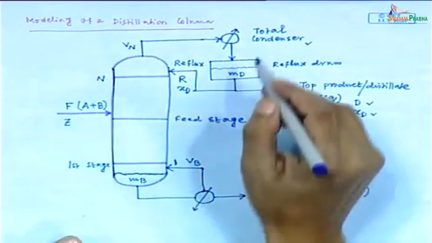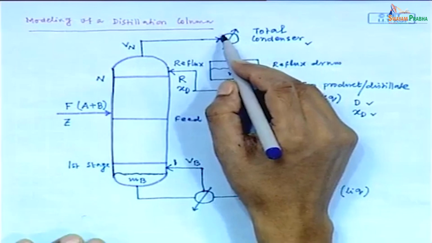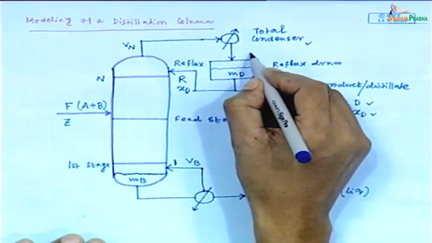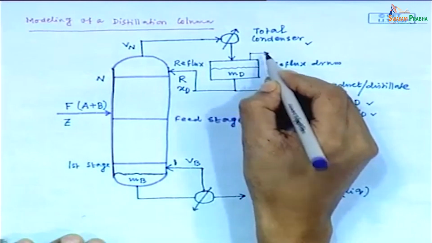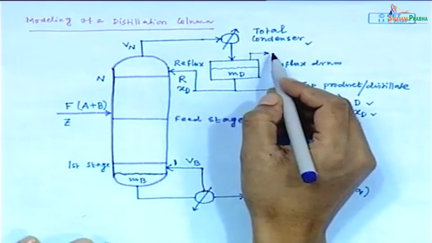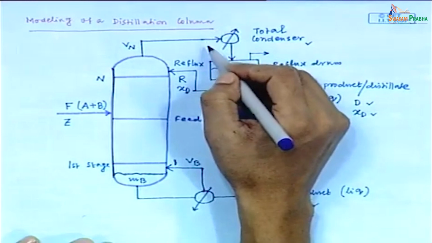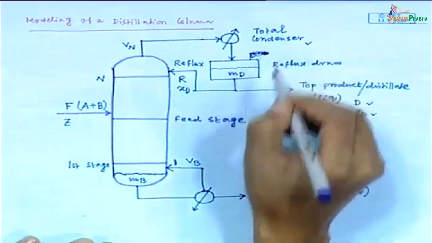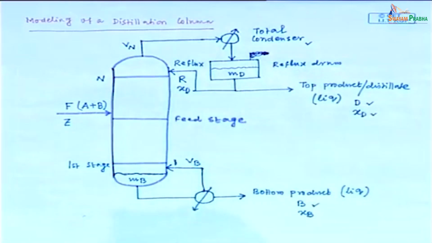We can call this condenser a partial condenser when there is an overhead vapor distillate involved. But here we are considering it is a total condenser. So, there is no overhead vapor withdrawal. So, this is all about the description of the distillation operation.